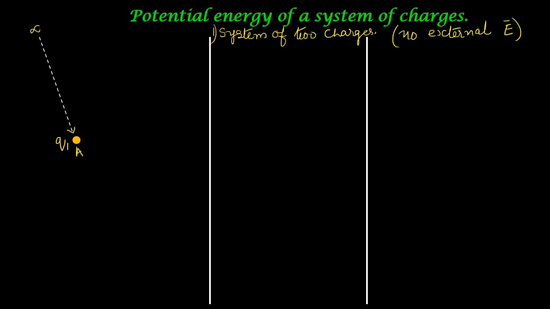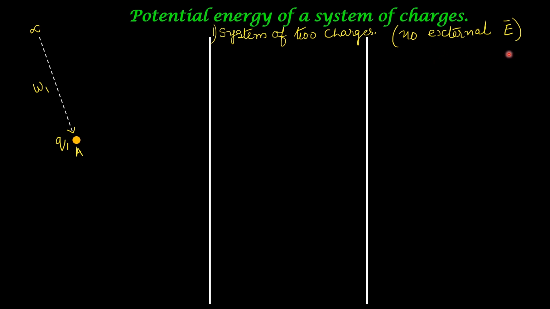At infinity, the initial potential energy of the charge will be 0 because at infinity there is no electric field. So there is no potential. The work done to bring the charge from infinity to that location is stored in the charge as potential energy. Let the work done to bring the charge be equal to W1.